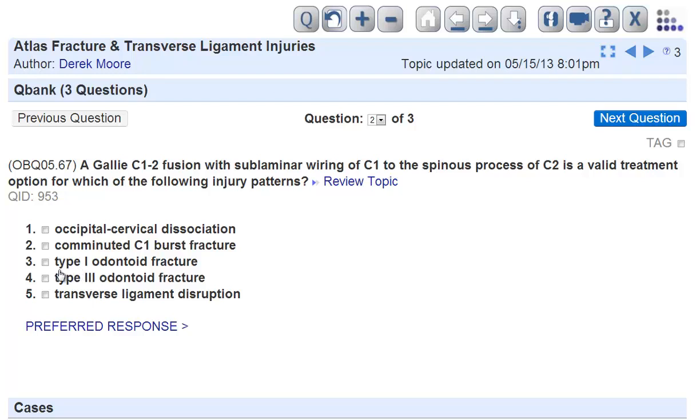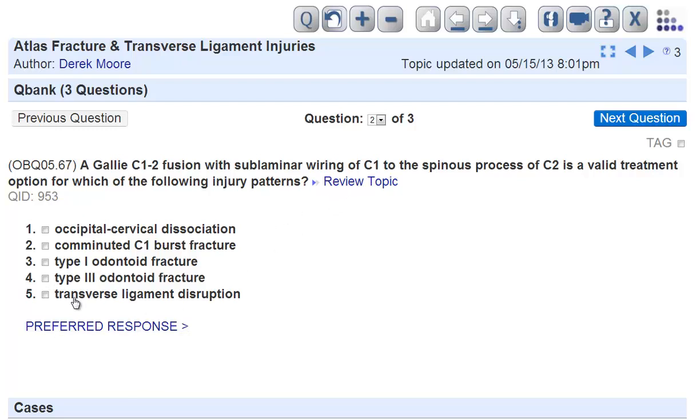They're treated in a cervical orthosis. Type 3 odontoid fracture is in the cancellous bone, so those are not surgical candidates. So even though a Gallie C1-2 fusion sublaminar wiring technique could be used in a type 2 odontoid fracture that requires surgery, type 1 and type 3 fractures do not require surgery.